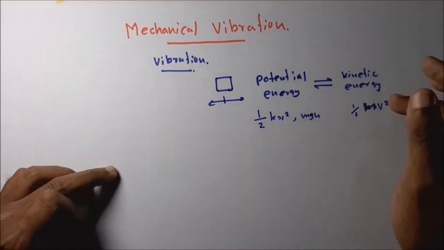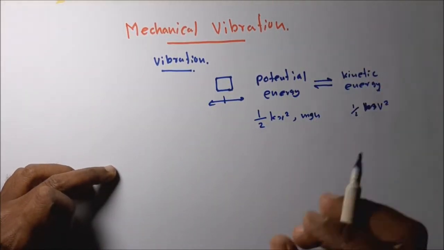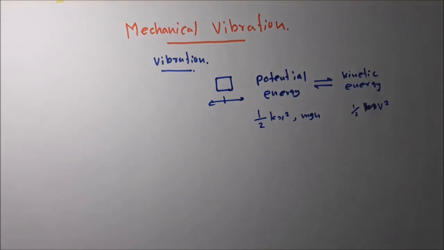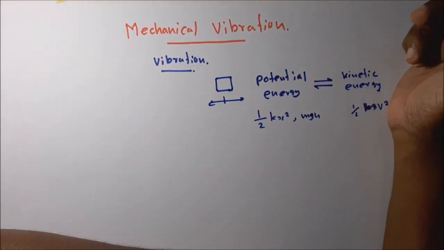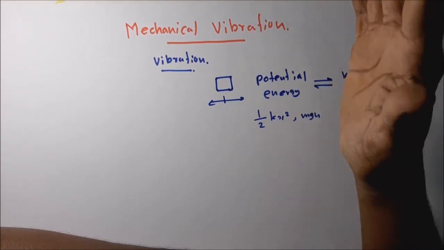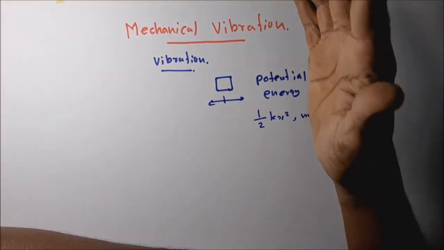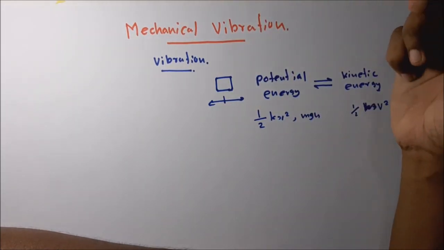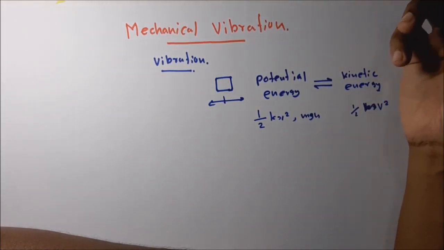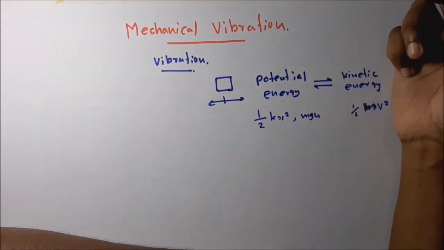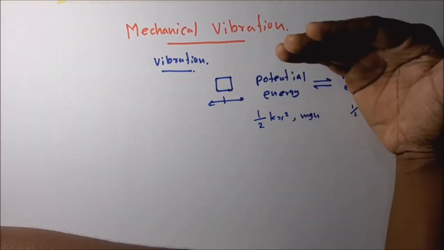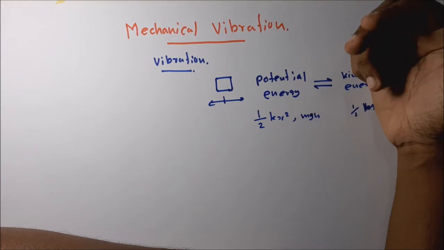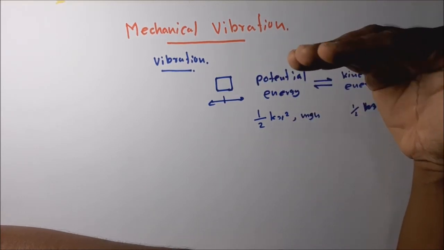The energy transfer between these two, potential energy to kinetic energy, produces the mechanical vibration. So for a system to produce mechanical vibration there should be a mass and also a method to store potential energy. It may be a stiffness, or a height difference with reference to a certain gravitational level.